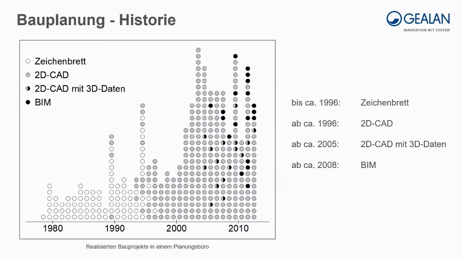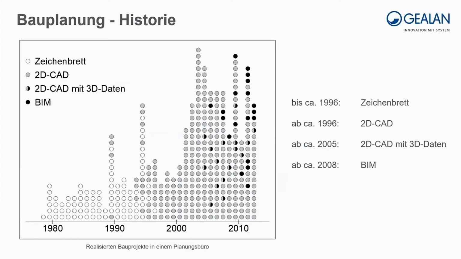So between 1990 and 1998, and 2005, it started to combine the 2D CAD with 3D data. And afterwards, after 2008, most of the projects were actually realized on the basis of BIM. In 2021, large offices or architect offices use basically only BIM.